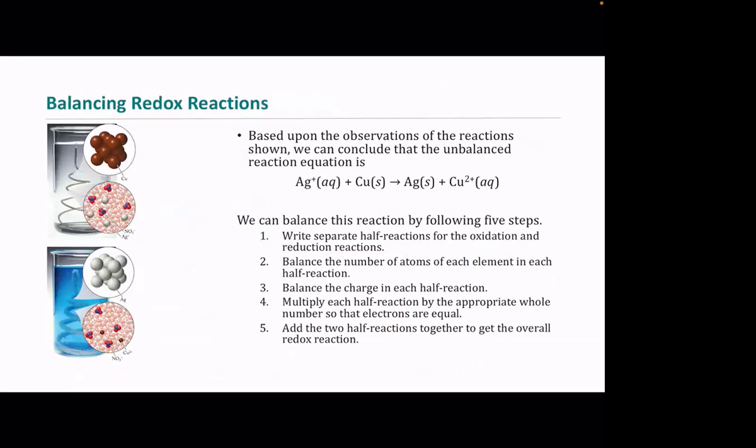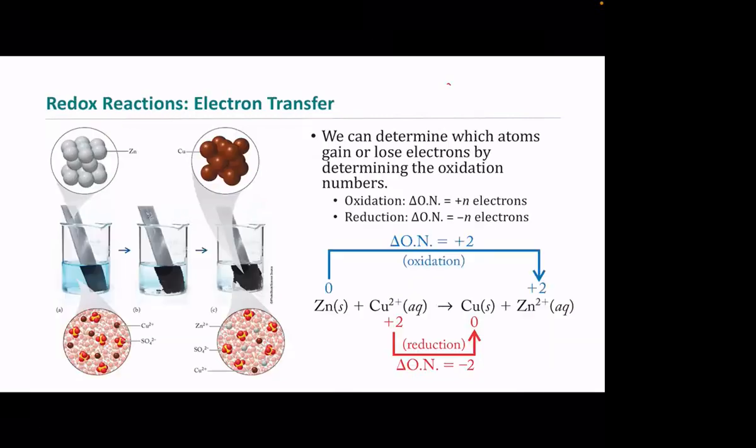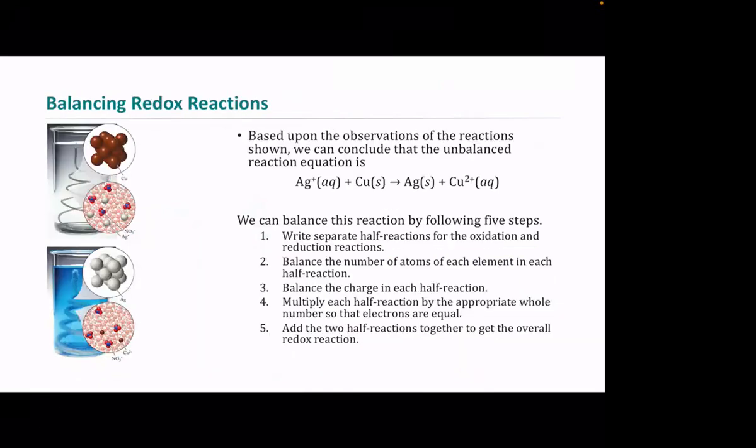All right. Based upon the observations of the reaction shown, we conclude that the unbalanced reaction equation is, what is this? This is silver and copper. I probably cut out a slide and didn't realize I missed something. But anyway, let's say we have a reaction in which on the left we've got silver ions, so silver nitrate, and copper solid, and we get a silver precipitate.